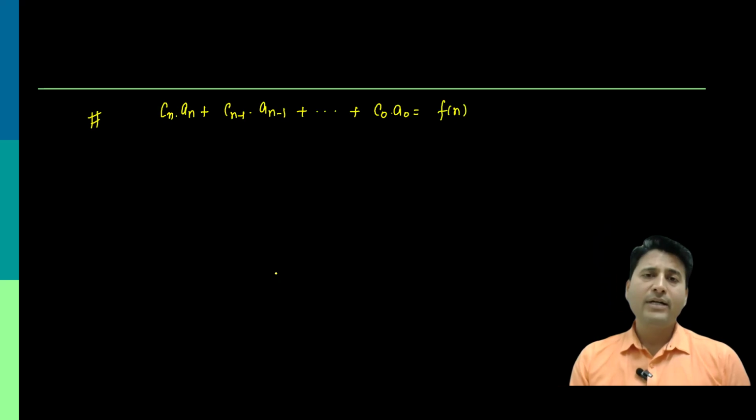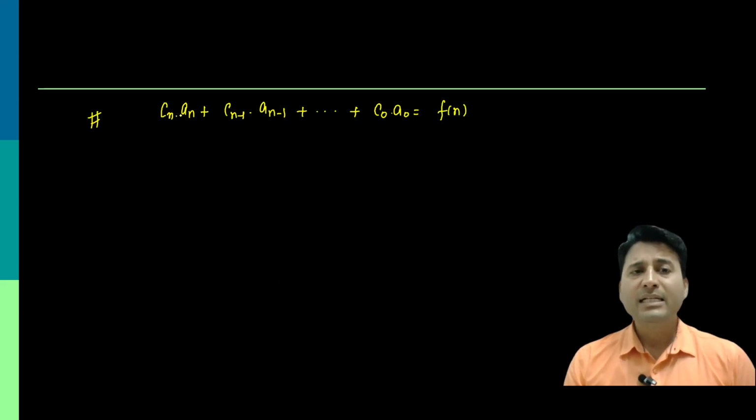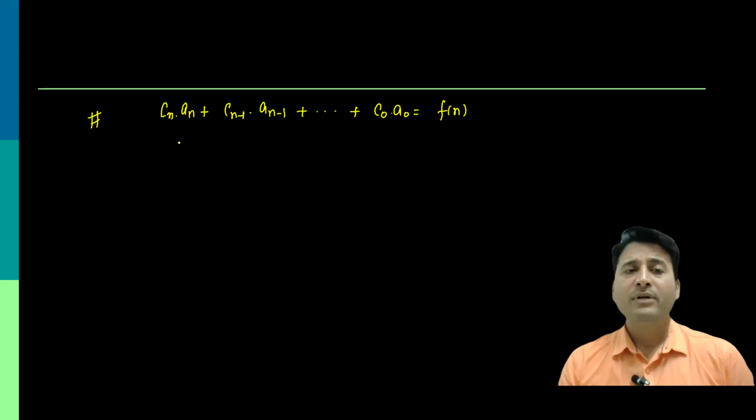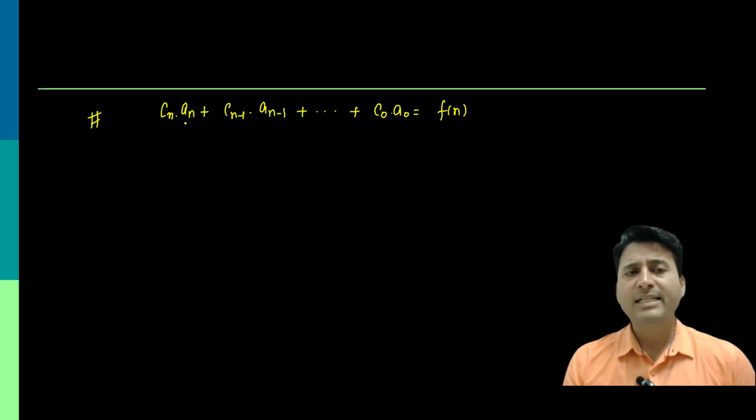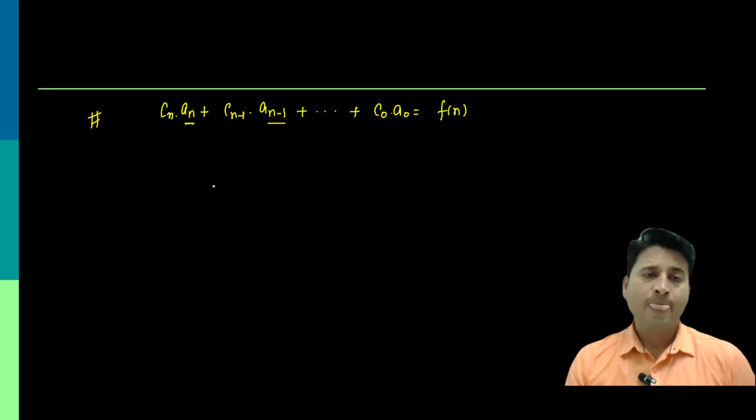This is what we call a linear recurrence relation, a linear recurrence relation of nth order. Like the order of this recurrence relation is what? The order of this recurrence relation is n.